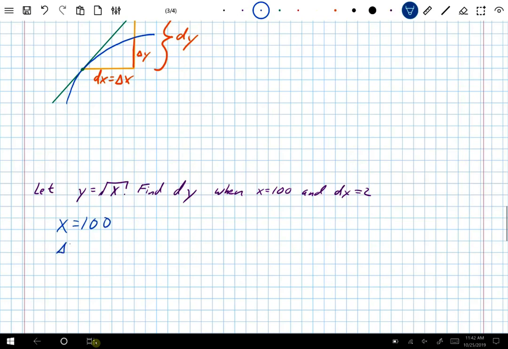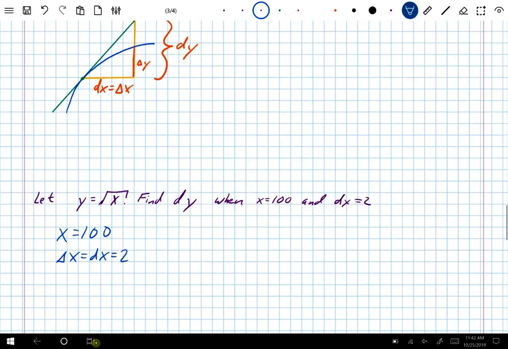We have a delta x, which is my dx, and that's going to be 2. We want to know dy. So dy is equal to f prime at 100 times my delta x, that's a 2.